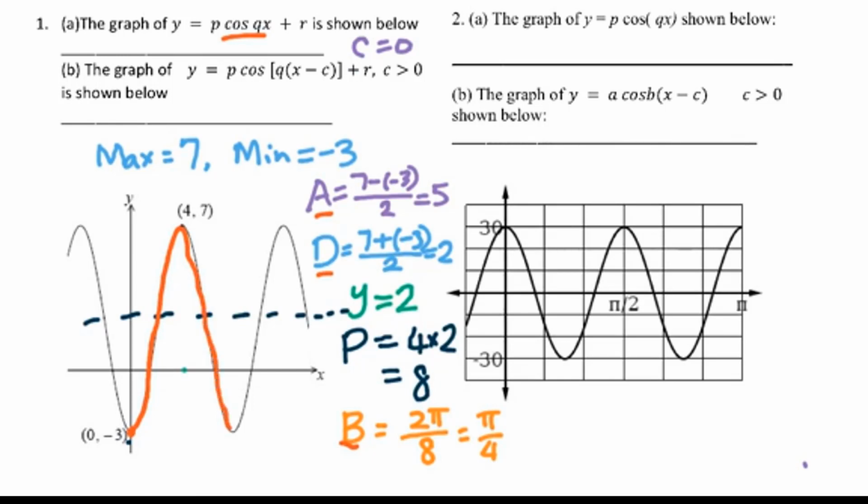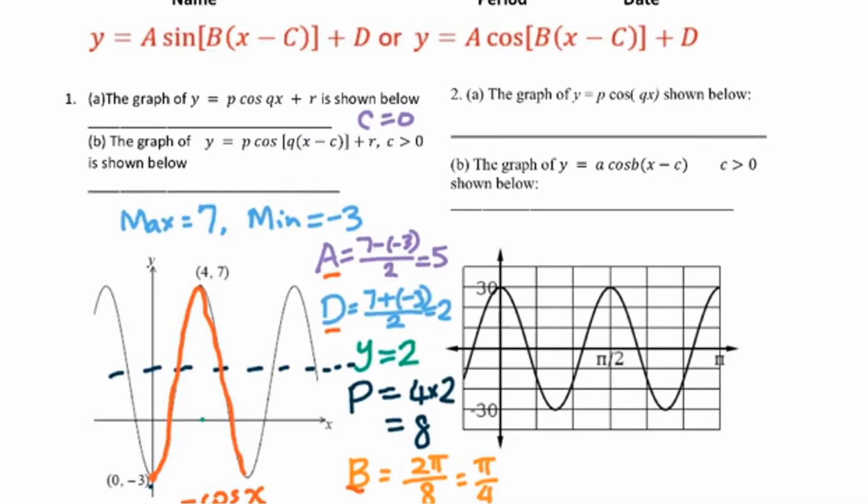It's a negative cosine x pattern when your starting point is on the y-axis. Therefore, we already figured out a, b, and d. c is equal to 0. Using this pattern, we can figure out a cosine function.